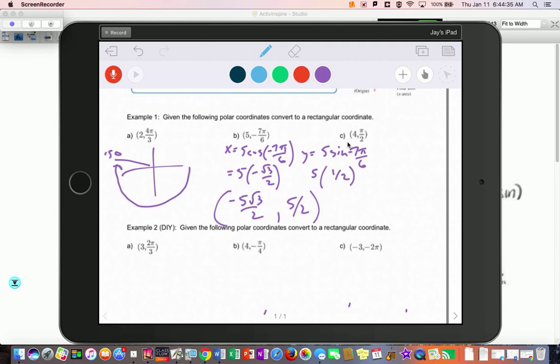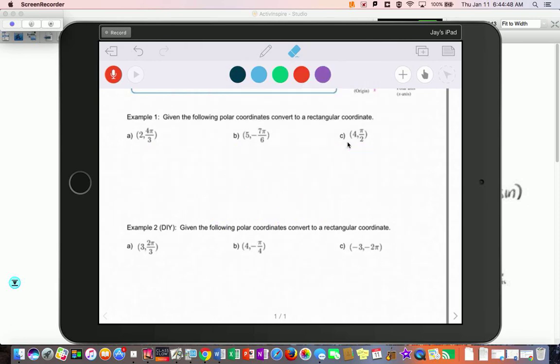Now, if you could do polar graph paper and put it on top of a Cartesian coordinate, or regular XY coordinate system, these dots should be in approximately the same location, right? Now the last one, you can do the same two formulas, but I would just show you.